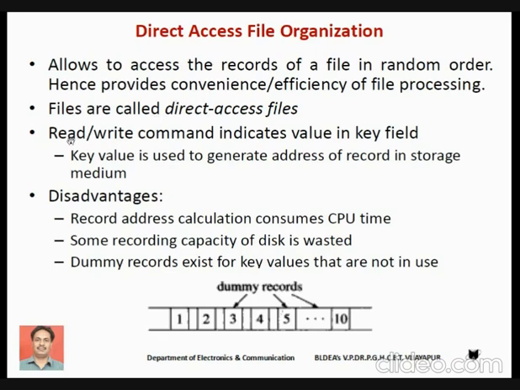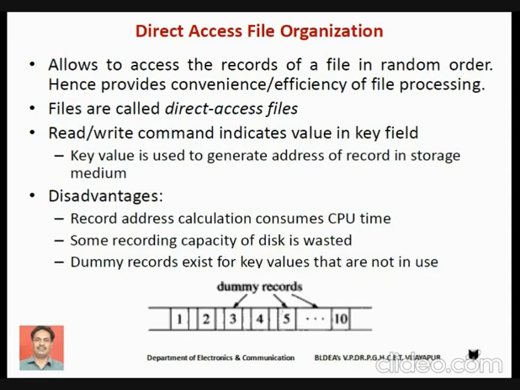In this case, the read and write commands use some key field. Based on the key field, the address of the record is generated. Some calculation is used, right? The disadvantage is that to calculate the address, the CPU consumes some time.